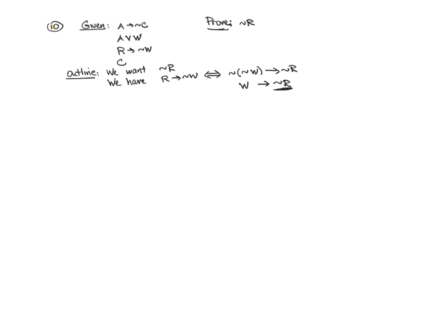To get not R by itself, we need a W using the law of detachment. So how can we get that W?